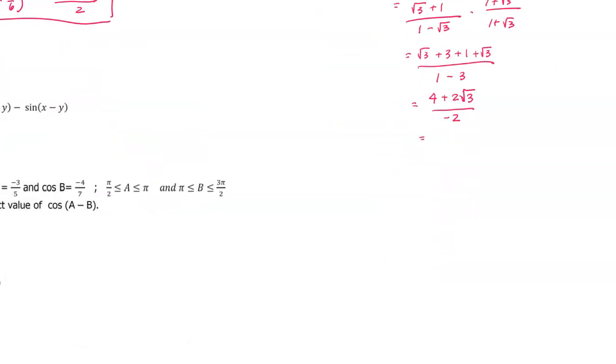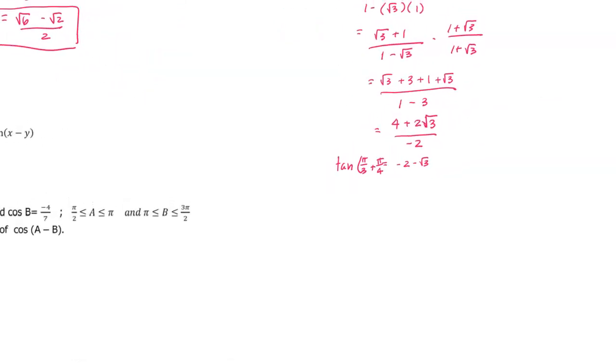Dividing, you get negative 2 minus the square root of 3. Okay, and that is the tangent of pi over 3 plus pi over 4. This is so messy.